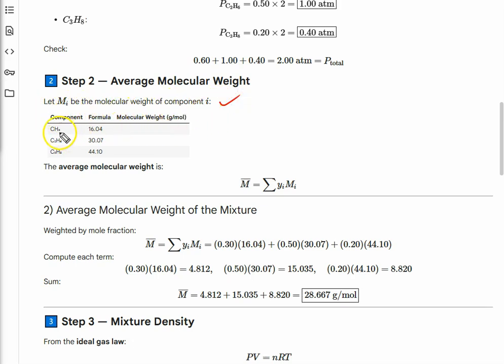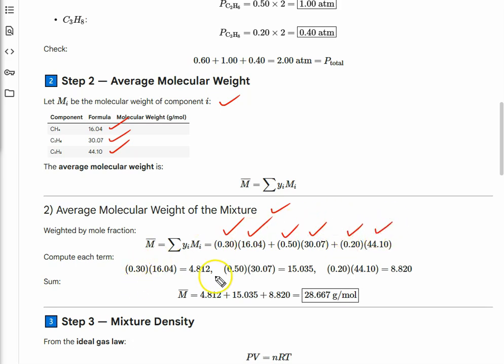We already know the methane molecular weight is 16.04, ethane is 30.07 and propane is 44.10, and the average molecular weight is the summation of Yi times Mi. So for the mixture, M bar is equal to the sum of Yi Mi: methane mole fraction times molecular weight, then ethane mole fraction times molecular weight, and then propane mole fraction times molecular weight.